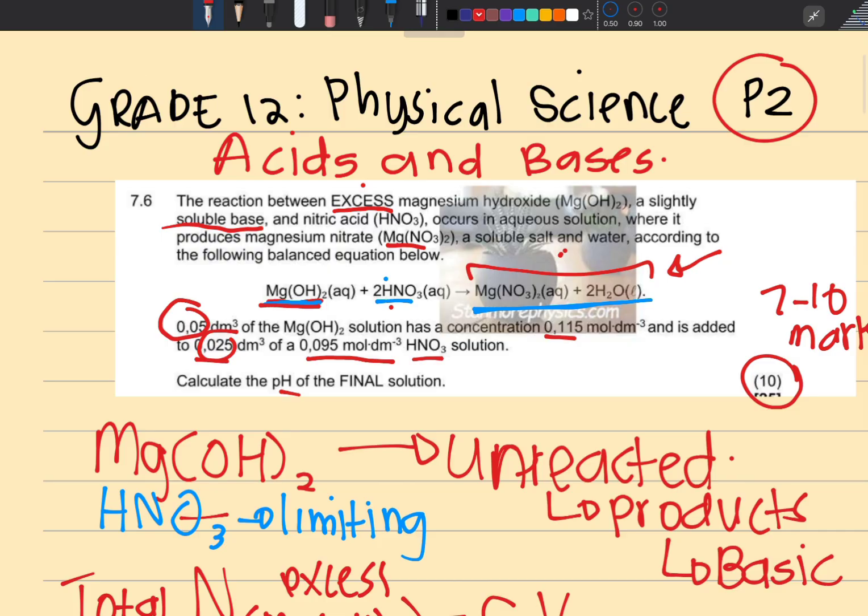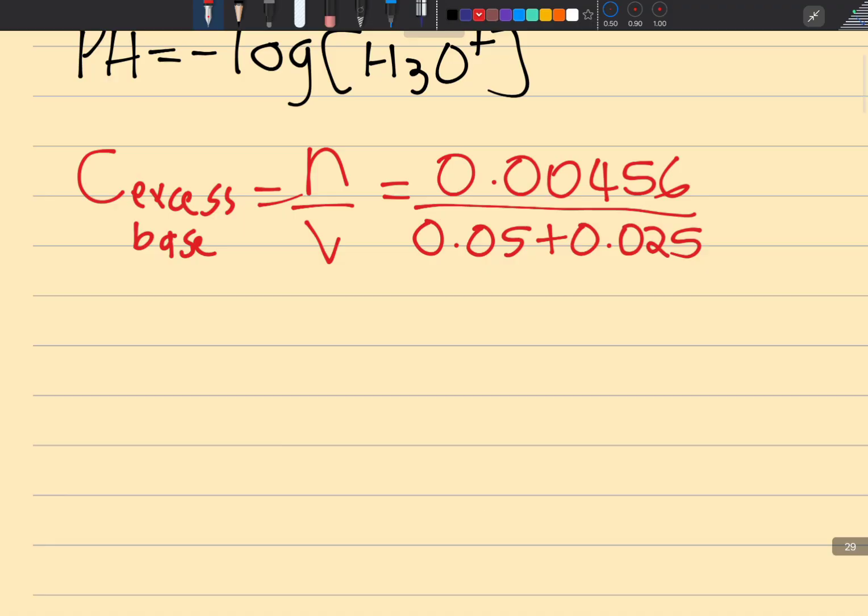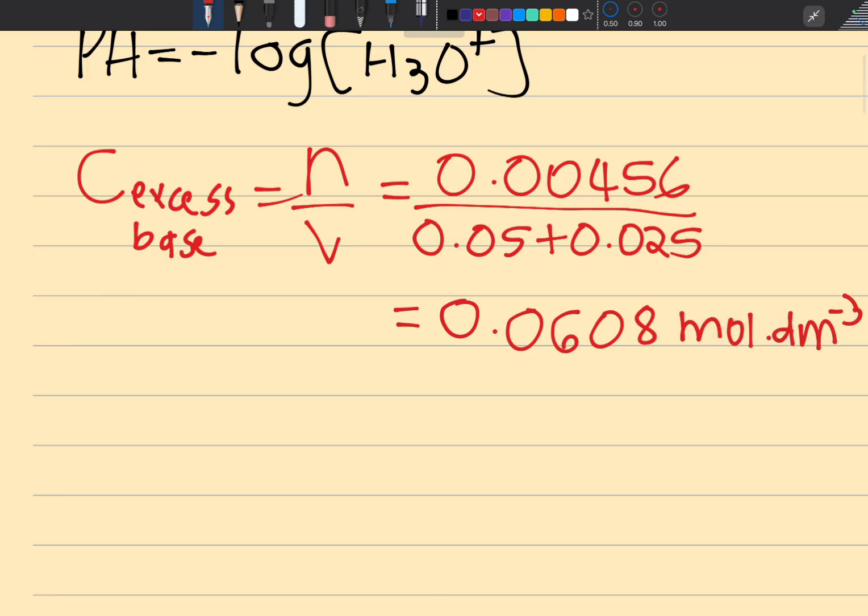So we just add them, and then we are able to see the concentration of the excess base in that volume, and that gives me 0,00456 over 0,05 plus 0,025. So that gives me a concentration of 0,0608 mole per decimeter cubed. This is the concentration of the excess base.